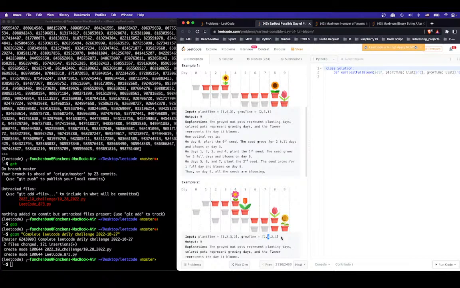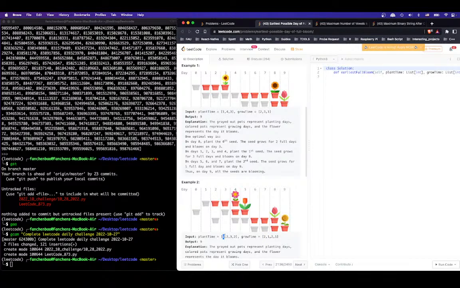And we want a bloom to happen. How about we want a longer bloom to happen early and a short bloom to happen late? So let's say we want all the 2 to happen first. So we have 1.